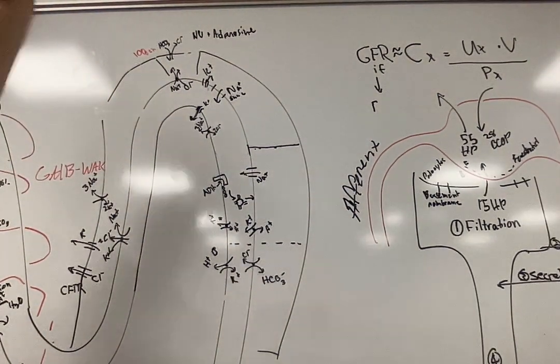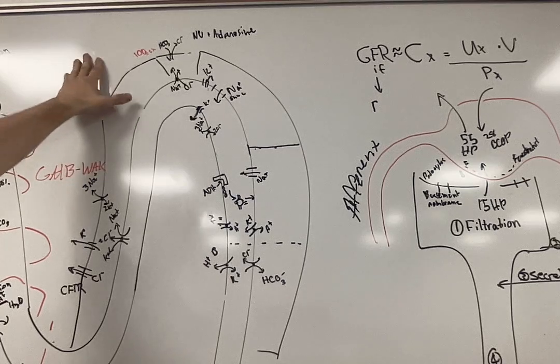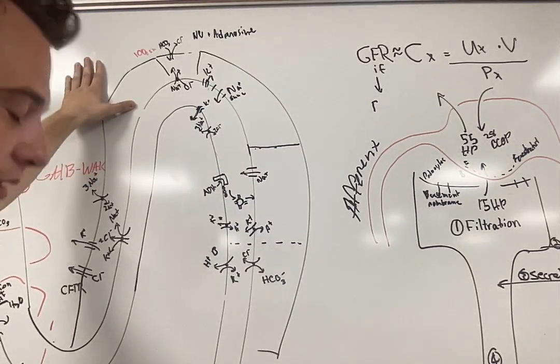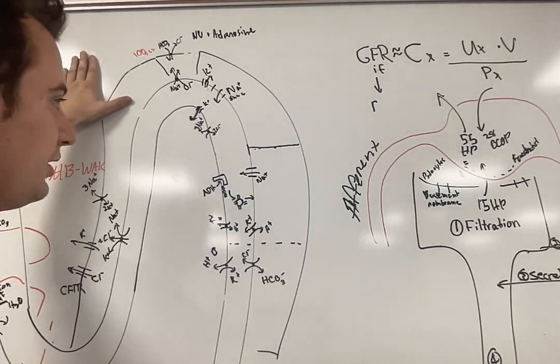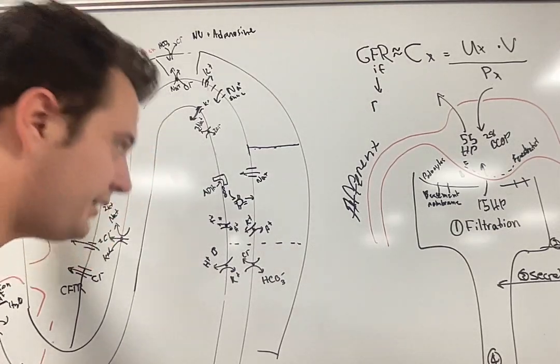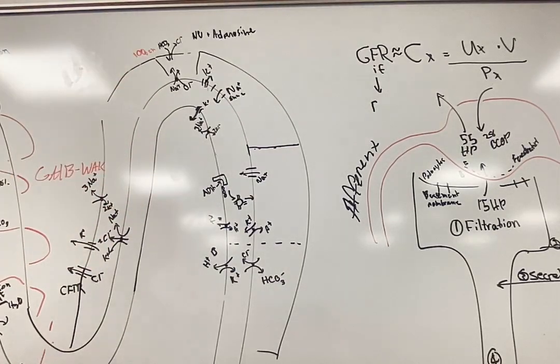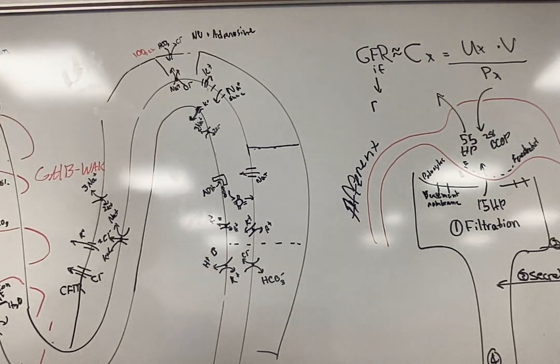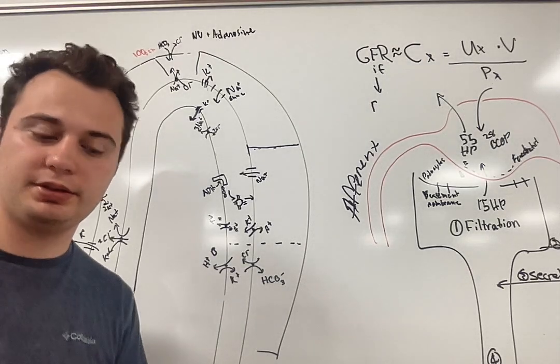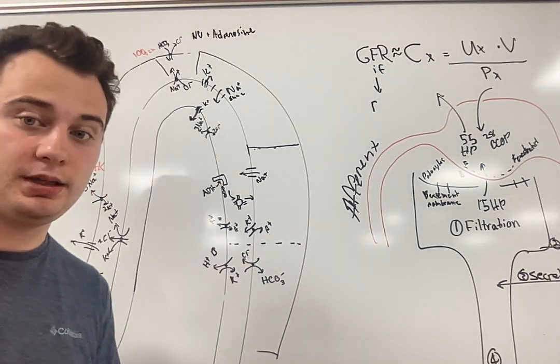And then if it's too high, then your macula densa can release adenosine, which vasoconstricts your efferent capillary, which would also increase it? Or would it vasodilate it? Regardless, your body can release certain chemicals.